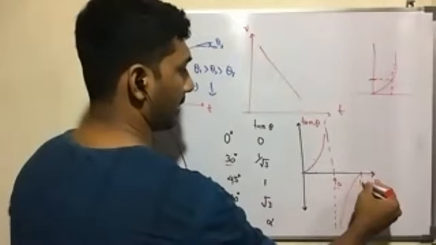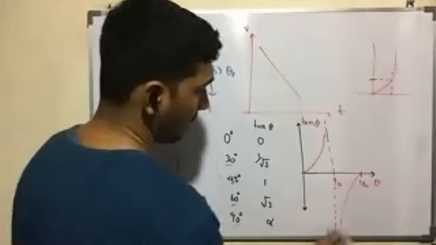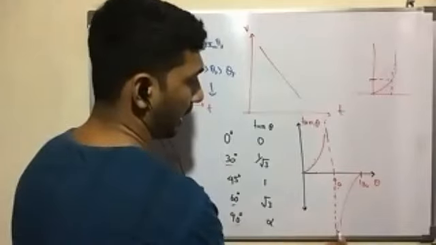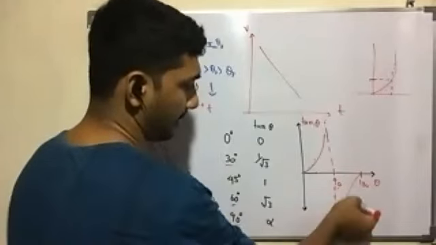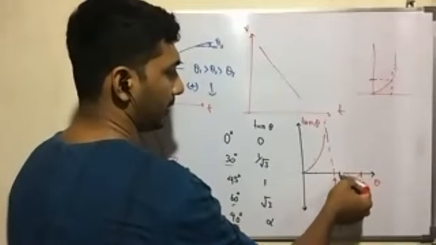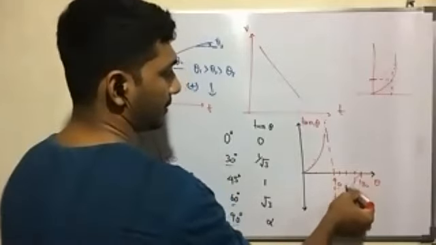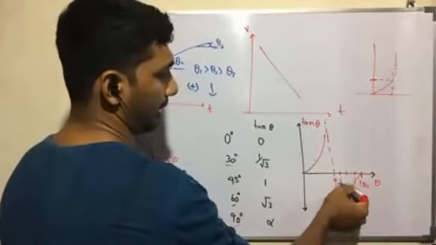For tan 180, it is 0 again. From 90 it's infinity, so here also you have to leave the graph like this. For 120, 150, 175, you will have negative values.